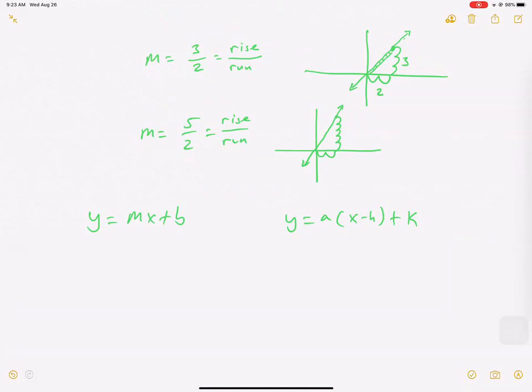I wanted to show you a couple things that happen when I mess with my h and my k. When I mess with my h, look who it's picking on: it's picking directly on x. So the h affects what happens to x. If I add h or subtract h, it pushes the x value around. In this case, it moves it left and right. Let's see an illustration of that.